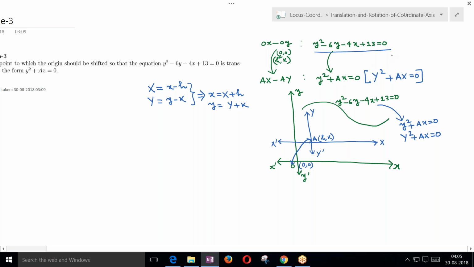What is the translation? The translation is that x is equal to capital X plus h, and y is equal to capital Y plus k. The question is: use this translation and tell me the value of h and k. What is the value of h, and what is the value of k?